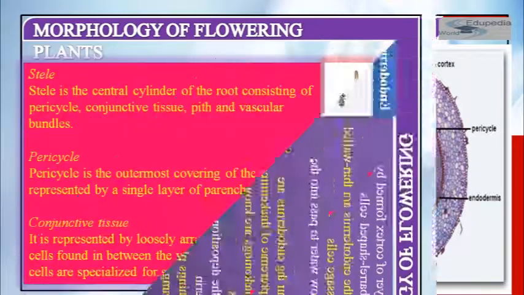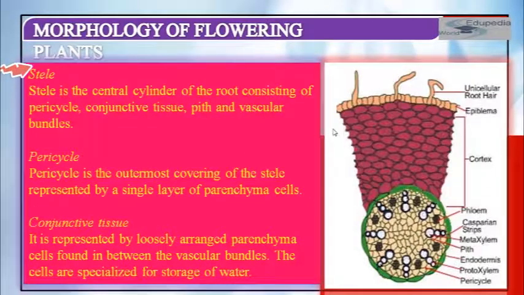Okay, now comes stele, pericycle and conjunctive tissue. Students, stele is the central cylinder of the root, consisting of pericycle, conjunctive tissue, pith, and vascular bundle.